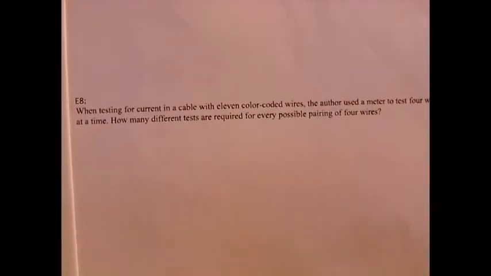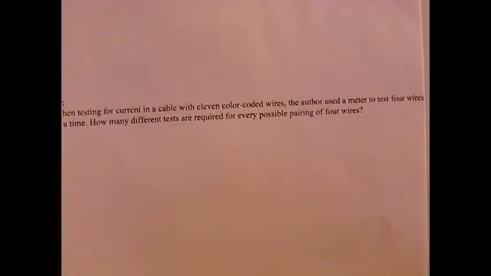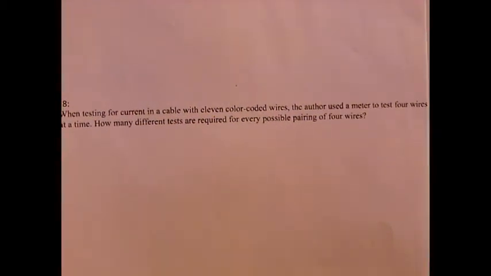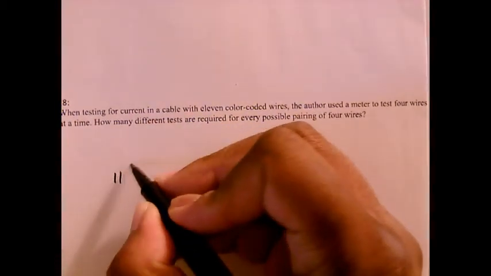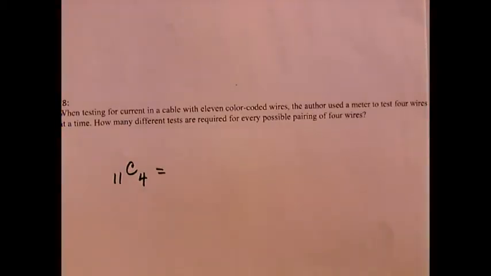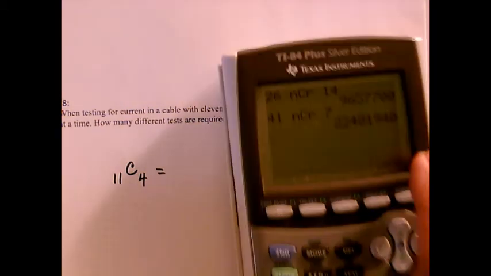And then the last example: when testing for current in a cable with 11 color-coded wires, the author used a meter to test 4 wires at a time. How many different tests are required for every possible pairing of 4 wires? Okay. So the order is not important here, so this will be 11C4. You can use the combinations rule that's given, or use the calculator.